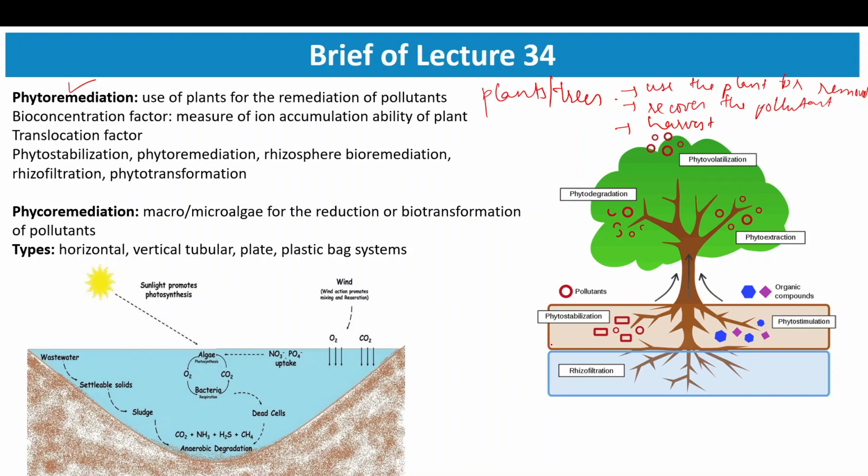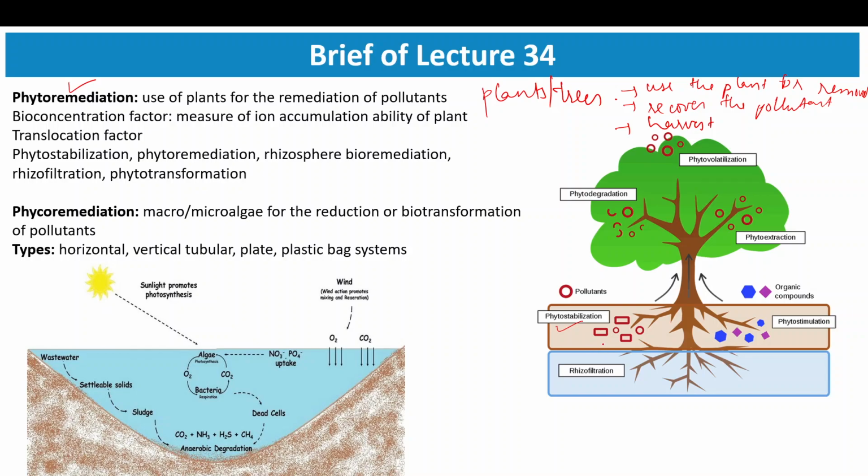But by providing such plants, there will be some interaction due to which the mobility of these pollutants is restricted or reduced, so any unpolluted place will not get these pollutants. So this is phytostabilization.